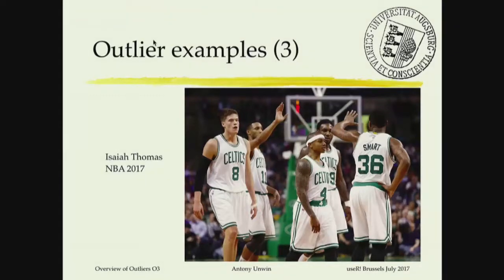He's about 7 or 8 centimeters shorter than me. Isaiah Thomas is one of the star players of the Boston Celtics. The Boston Celtics have a roster of 16, 9 of whom are over 2 meters. So he is much, much shorter than most of his teammates, but he scores an awful lot of points, and he's a very good player.